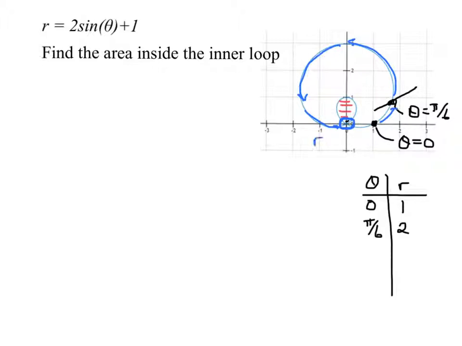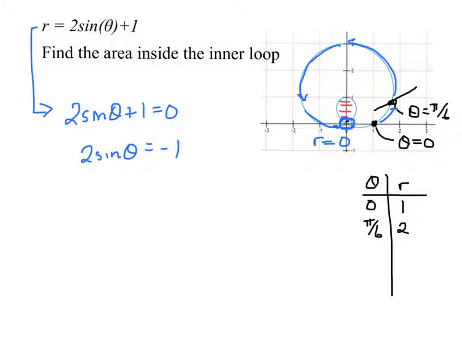And that spot is where r is equal to 0. So let's figure out when this function hits 0. We subtract 1, divide by 2.